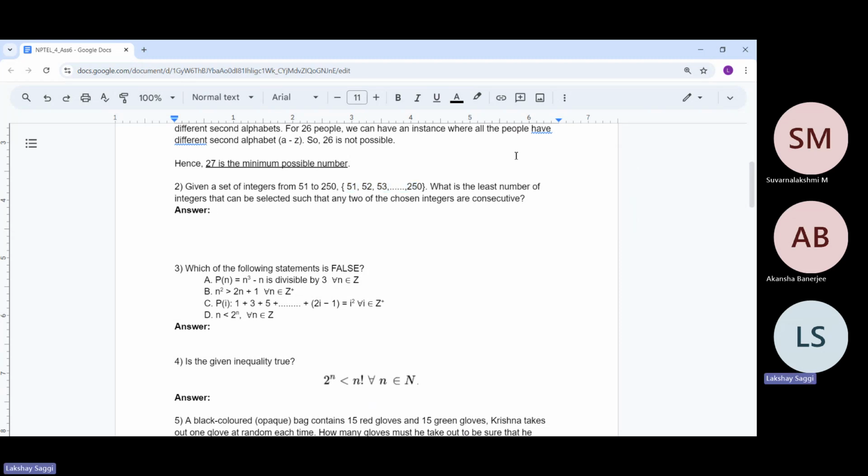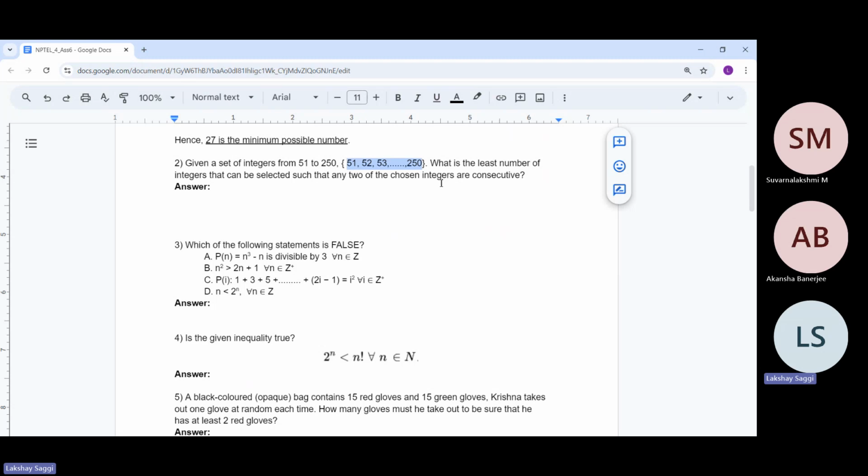Similar to the last question, here we need to check consecutive integers. In the previous question, we needed to check the same alphabet. So let's just check: 51 to 250, how many numbers are there? There are 200 numbers.